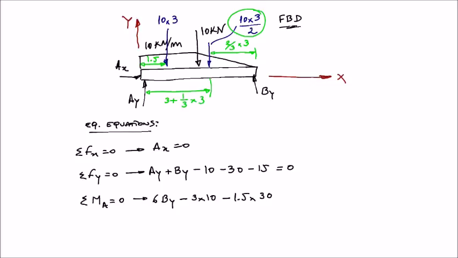So basically it is 4 meters. Okay, so minus 4 meters times the force, which is 15 kilonewtons. So this is all the moments we have about point A, so they need to be equal to 0 to be in equilibrium.